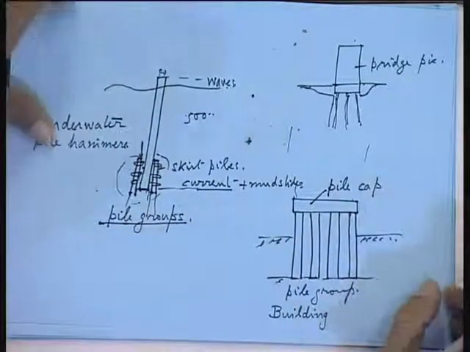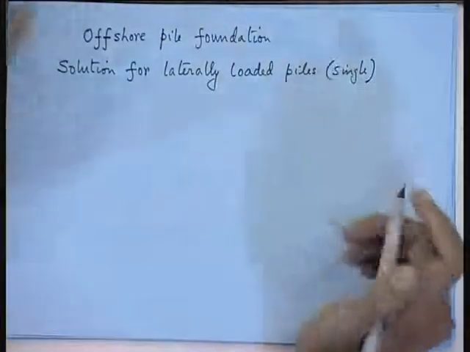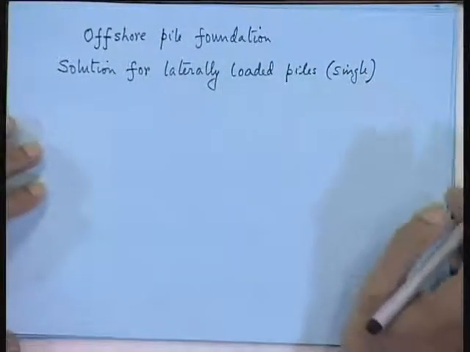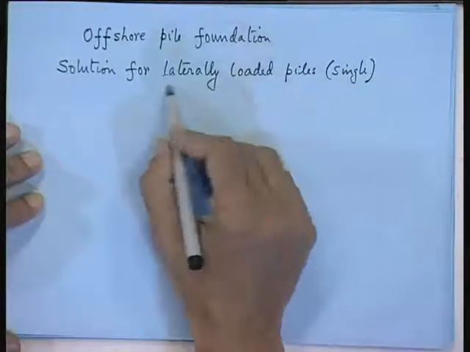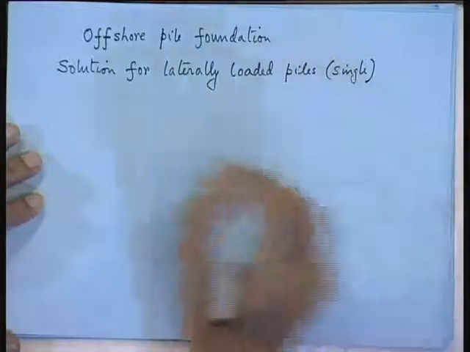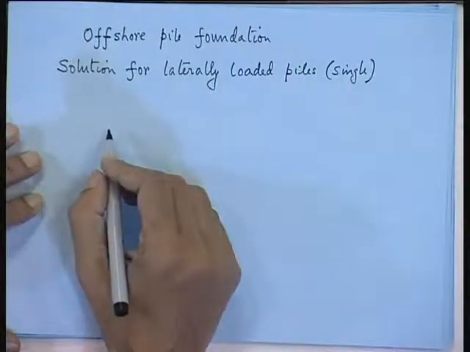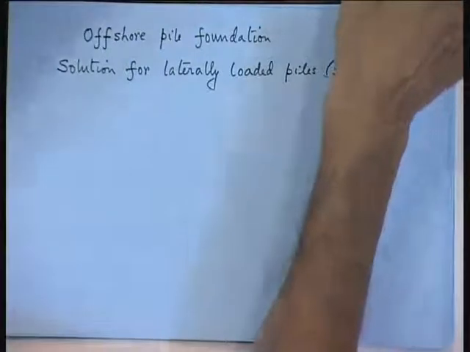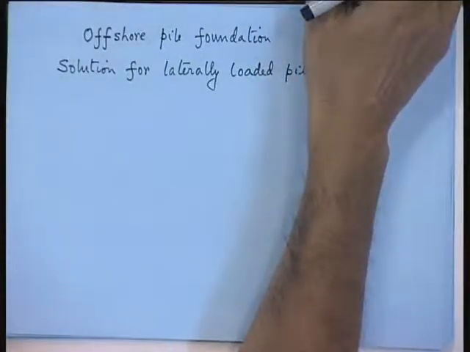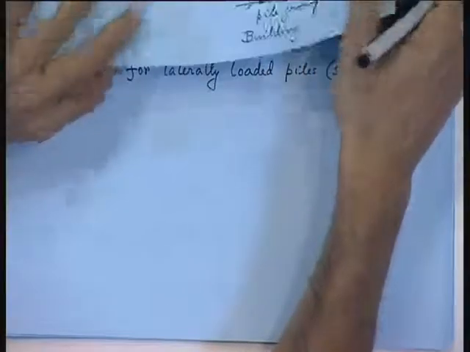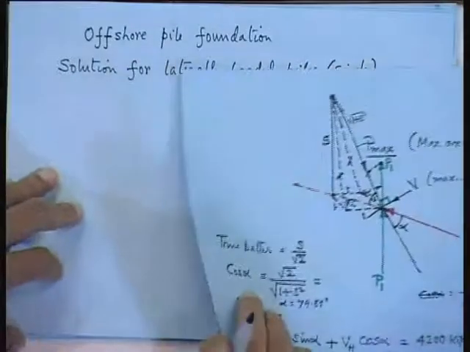Anyway, this is the scenario, and now in the simplest analysis, let us study a single laterally loaded pile. That means, when you come to the soil modulus calculation that I just talked about, that Es, where was that Es?